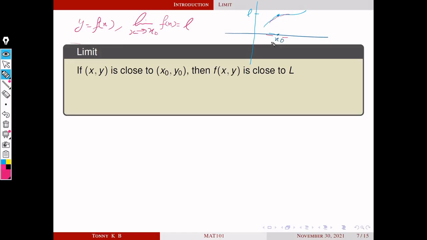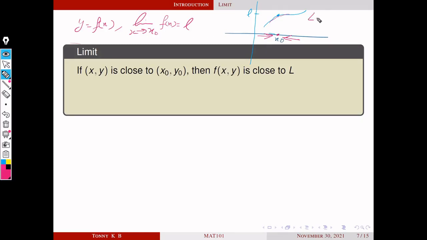Clear? And in the case of a one variable function, there are only two directions. Either x can tend to x naught through the left side, or x can tend to x naught through the right side. That's why we define two limits, left hand limit and right hand limit. Also, we know under what condition the limit exists.